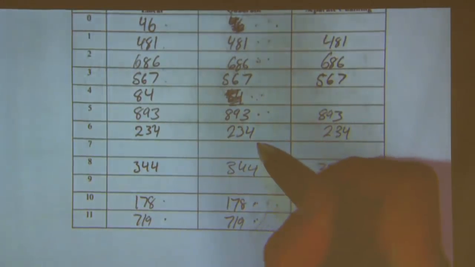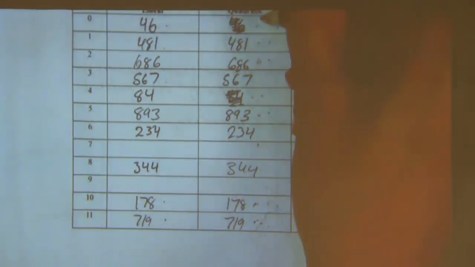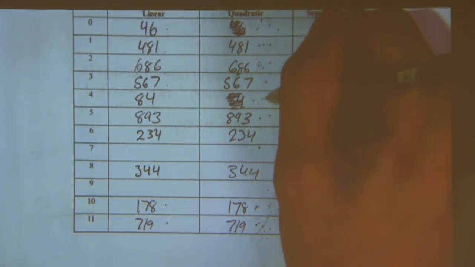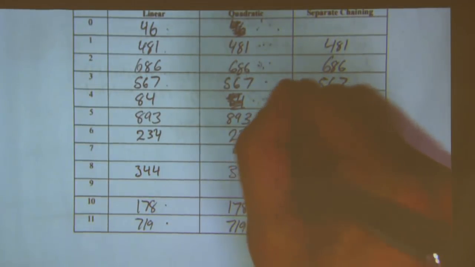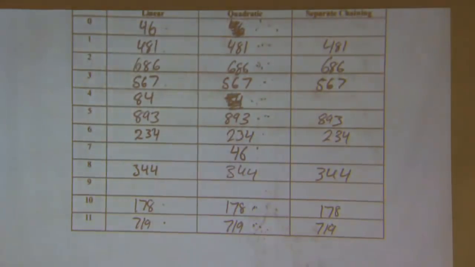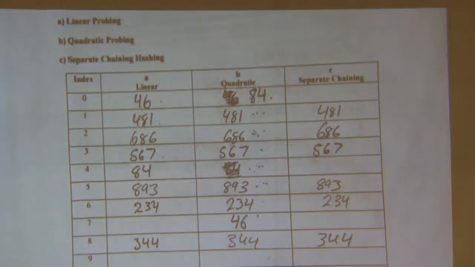Did I mess something else up here? 1, 2, 3, 4, 5, 6, 8. Oh, sorry, I just messed up counting there. Okay, 46 goes here. There we go. And then 84 goes to position 0, and that's empty. And I just put it there. So, I messed up a little there.